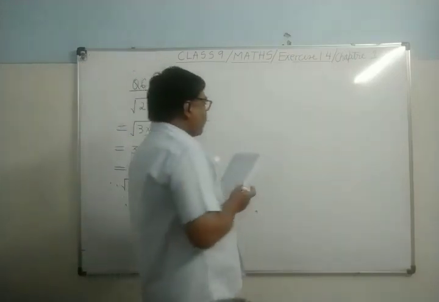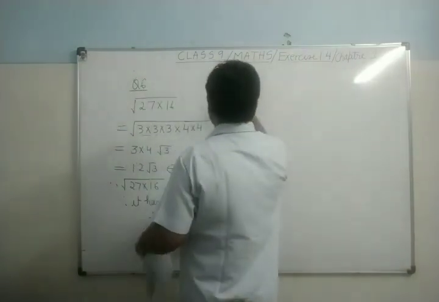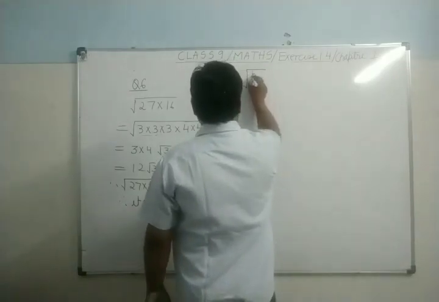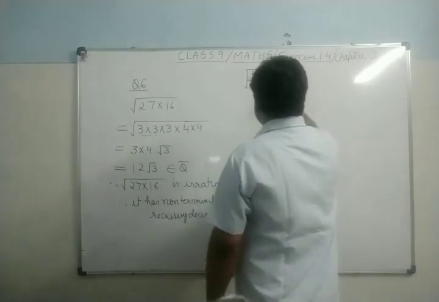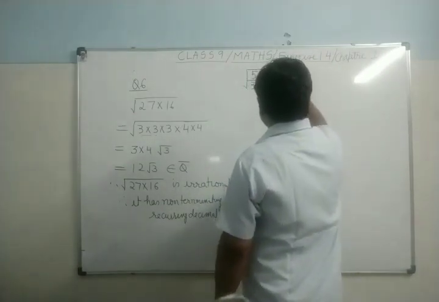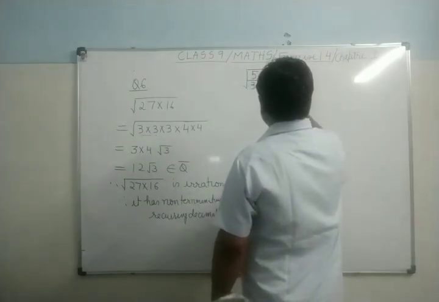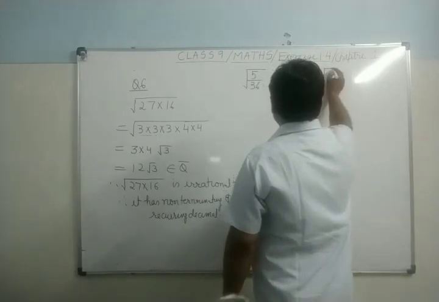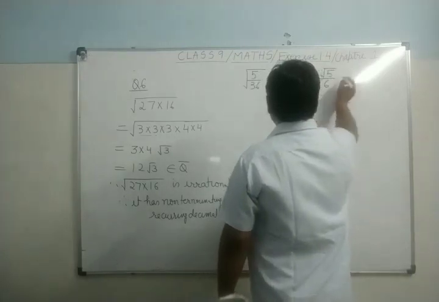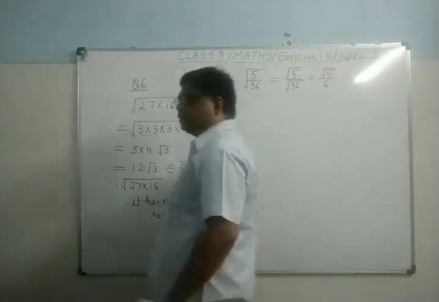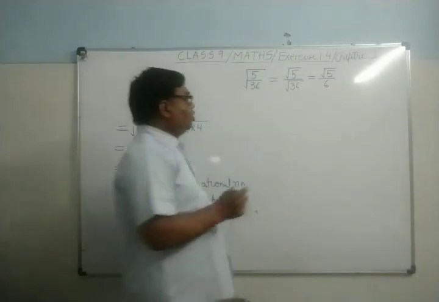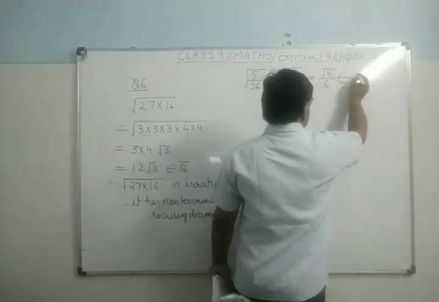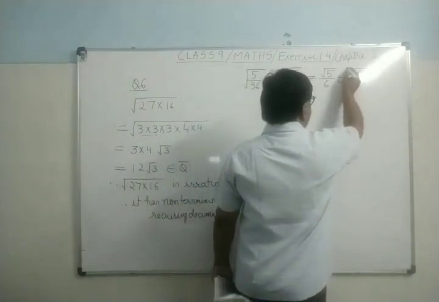Then square root 5 upon 36. That also you can do, whether it is rational or irrational. First you see root 5 upon root 36. Square root 36 we already know is 6. Now here root 5 has not been removed. Root 5 is present. Therefore it is also irrational. What is the meaning of this sign?